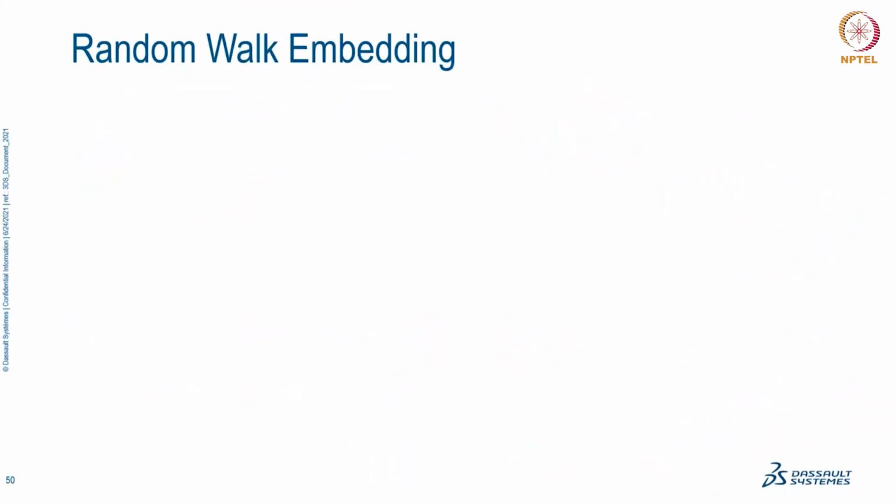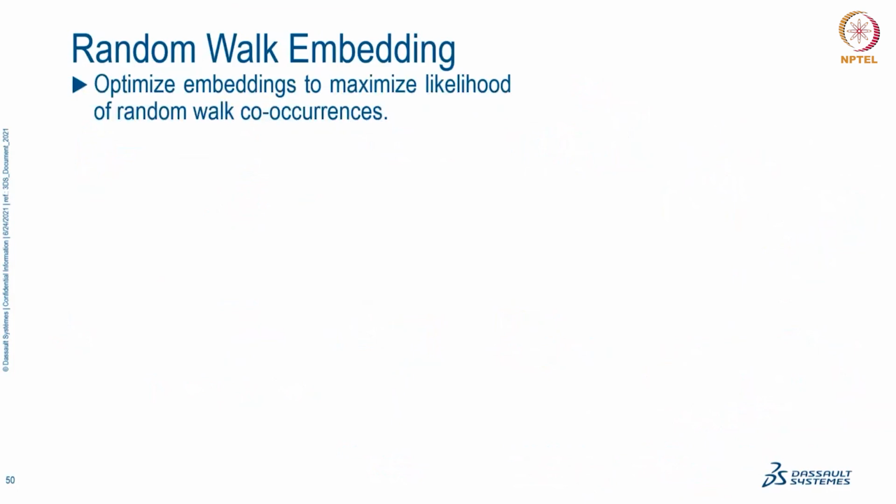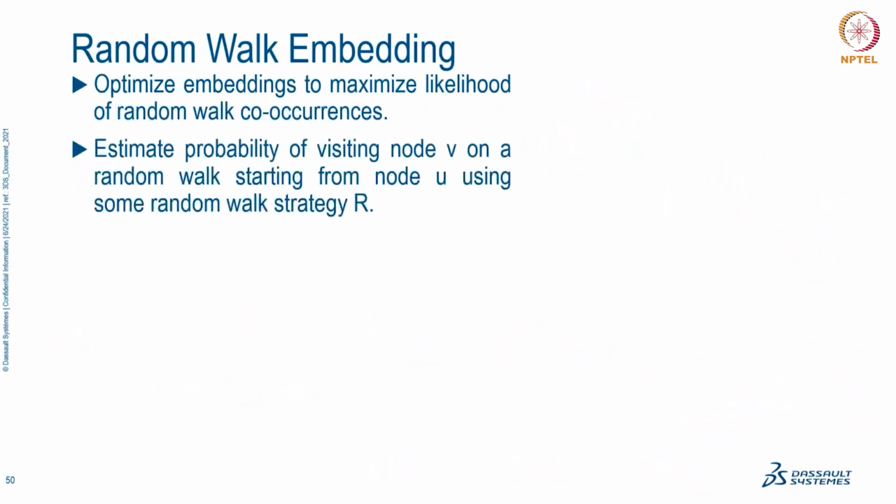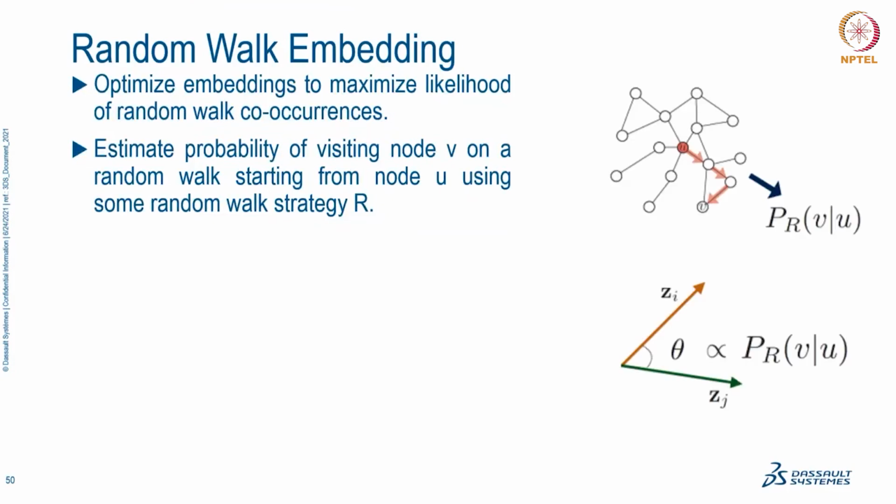Random walks are the most used nowadays, and the most generalized, I can say. What we do is we take random walks from our U node and we find the probability of how many times we reach the V node. For example, in this image, this is the U node and this is the V node.